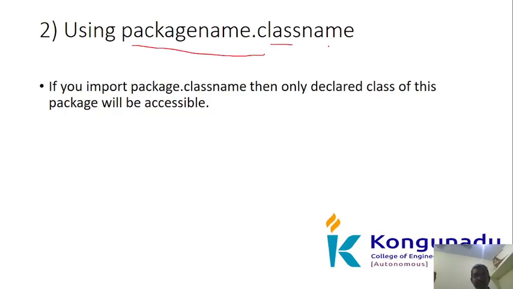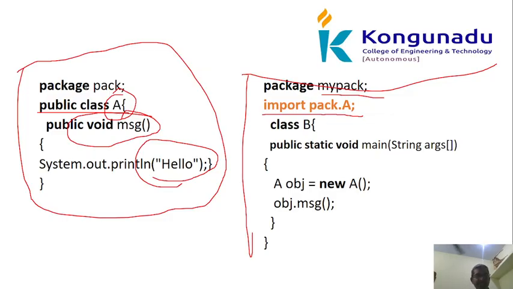What is the condition? Package name dot class name. Here the package name is pack and the class name is A. I'm going to access only this; suppose there are class A, class C, class D and so on, a lot of classes. I'm going to access only the class A values. So import pack dot A. Next is class B. For this second package's class B, you have the main function.